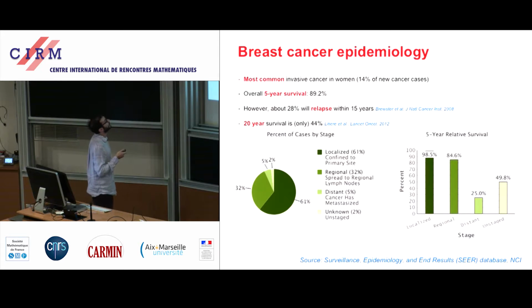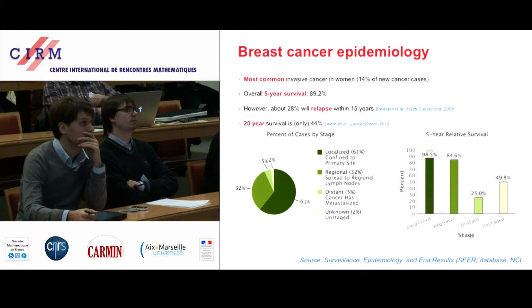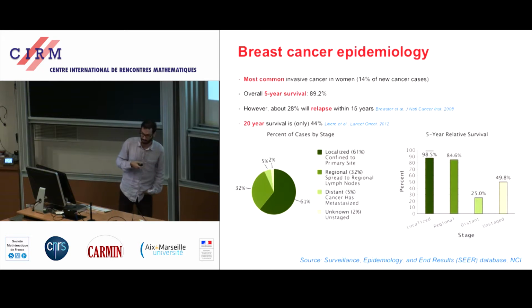However, if you look at survival or at the relapse rates at 15 years, then you see that 28% of the patients that were diagnosed with only a localized disease which has been removed by surgery will relapse with metastatic disease, even though they have been treated with some adjuvant therapy.